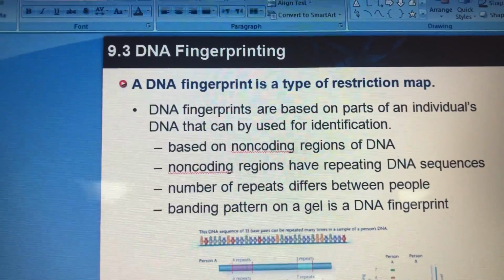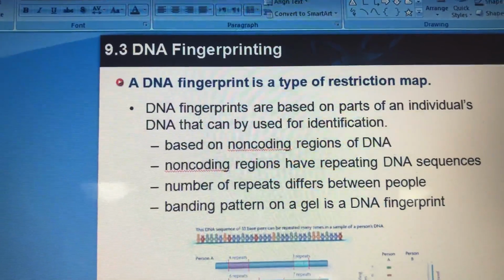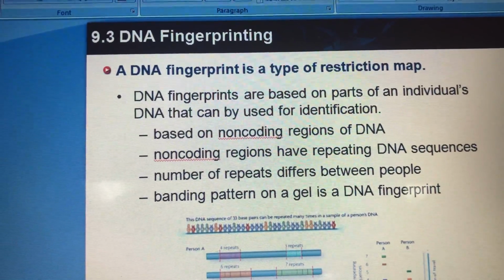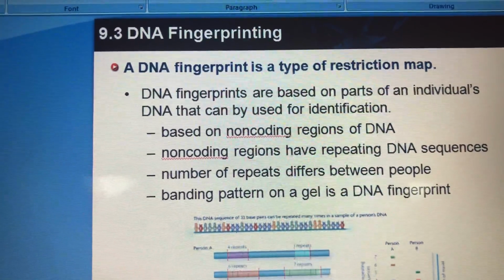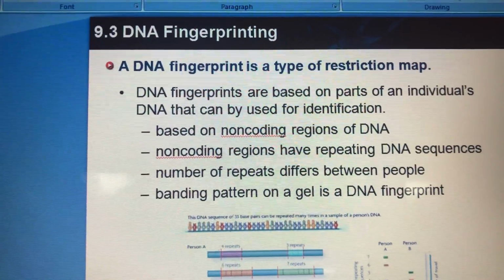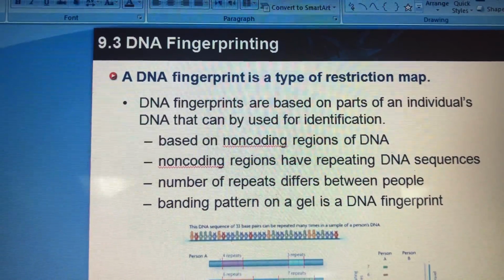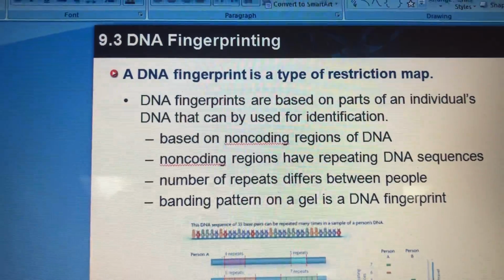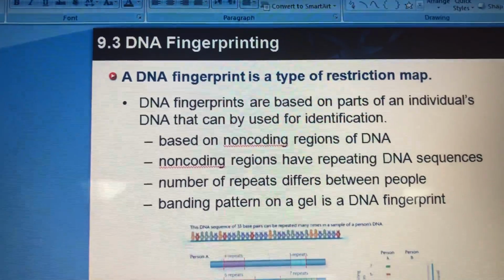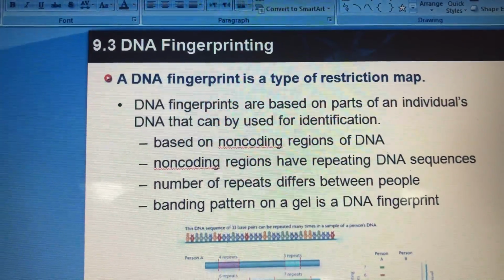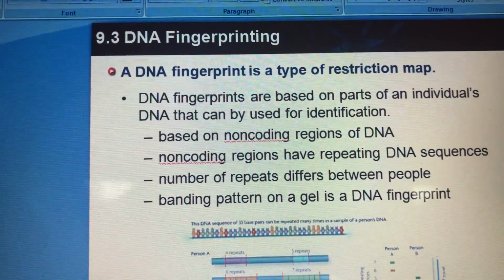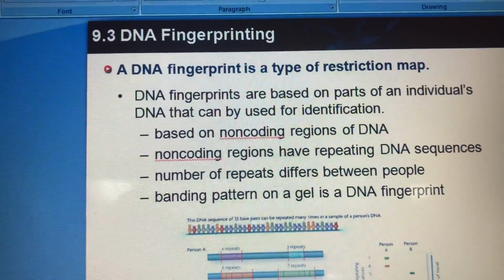The fragments of the DNA will move a certain distance on the gel according to their size, and we said that the fragments with smaller size or less length will move faster and move more distance, okay, while the fragments with the large size or wider bands will move a short distance.